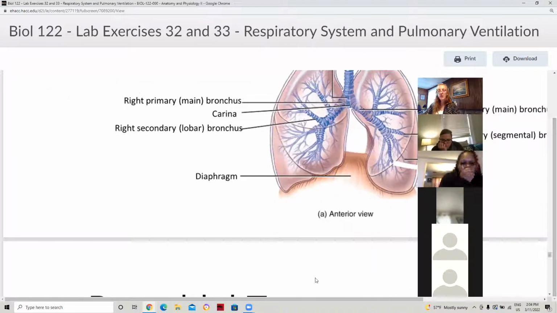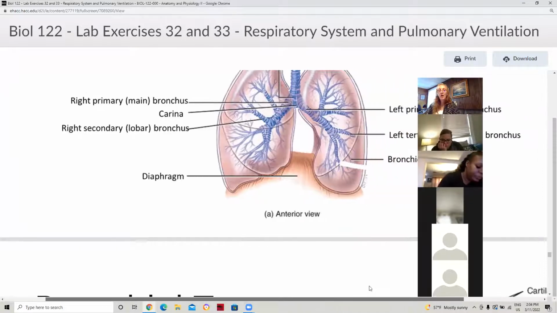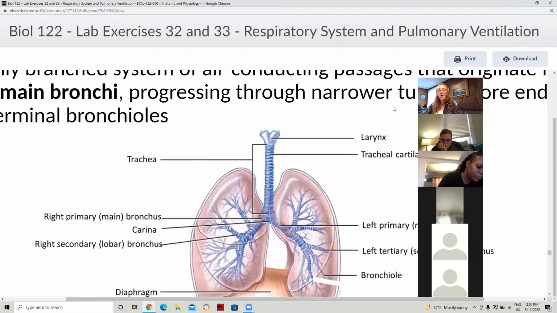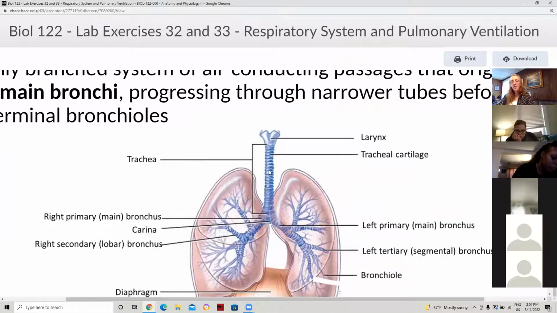Bear with me here. So looking here, here's your tracheal cartilage. It breaks off into the primary or main bronchi, left and right. The next time that they separate is the secondary.